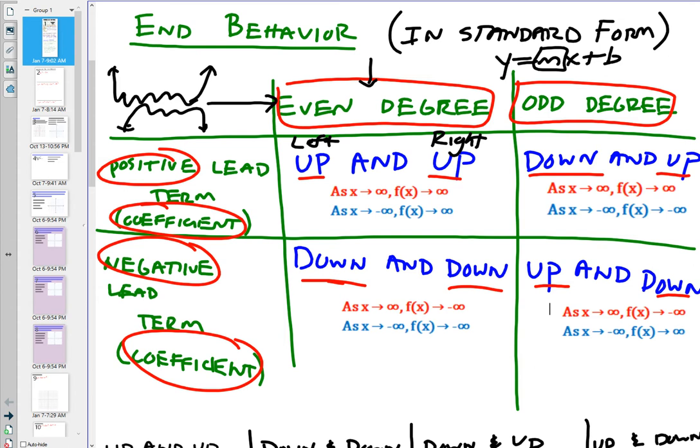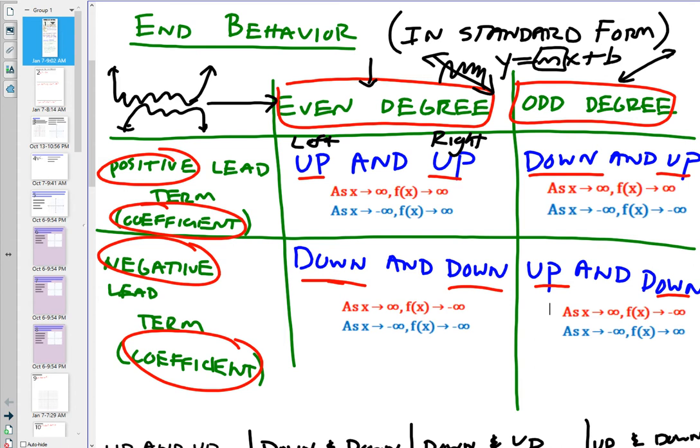If that number was positive, the slope would go this way, which means the left arrow would be down and the right arrow would be up. If the slope was negative, it would go this way with the left arrow up and the right arrow down. So even if it's not linear, as long as it's odd, 3rd degree, 5th degree, 7th degree, 9th degree, in between the arrows you might get a whole bunch of this stuff. It might turn a lot, but the arrows themselves have to behave the same way.